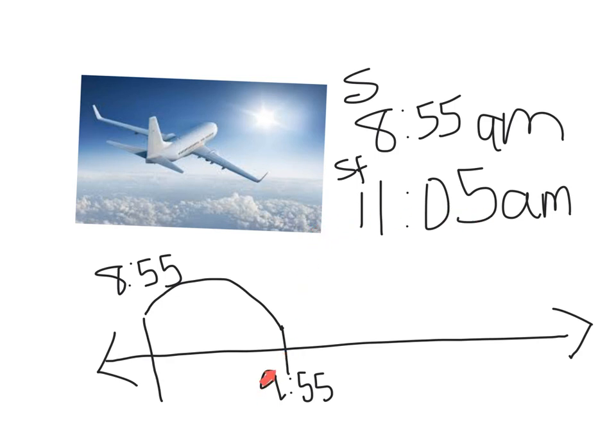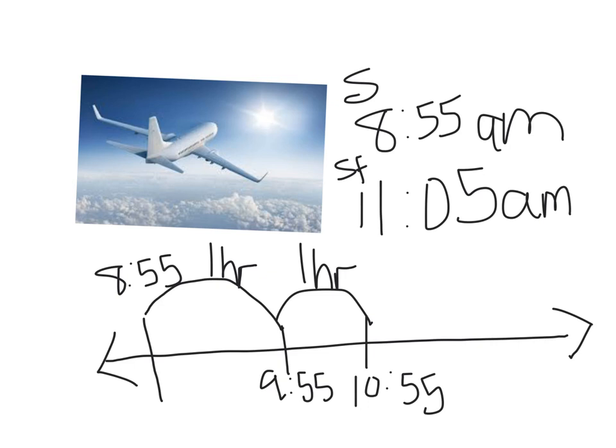I got to see if I can do another hour. 9:55 to 10:55. Another hour. And then, oops, I forgot to finish that. And then I see, can I go another hour? Well, 10:55 to 11:55. Uh-oh.